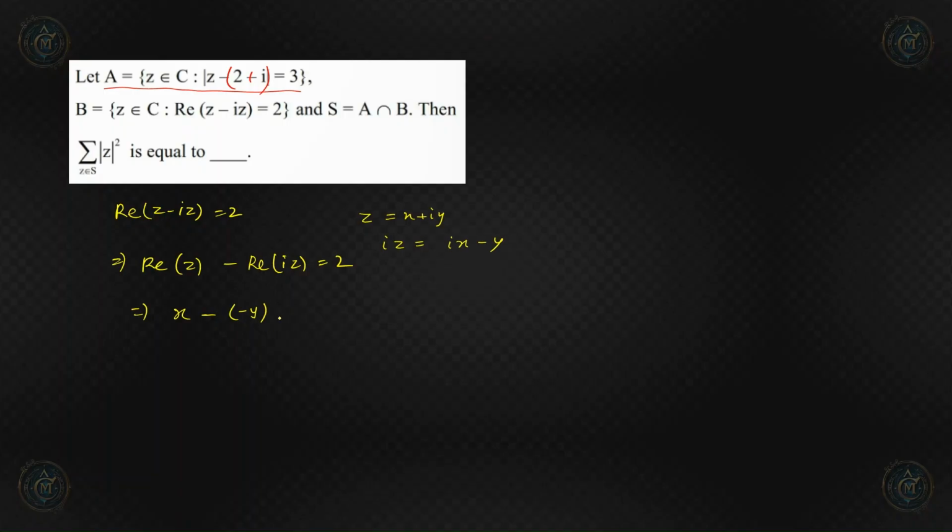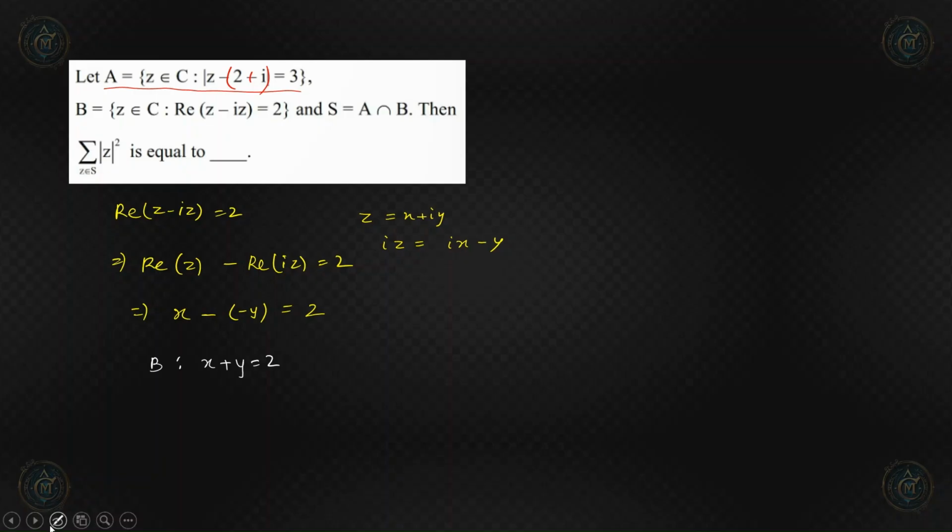So then it is equal to 2. That means this A set is the circle centered at (2, 1) with radius 3, and this B set is the straight line x plus y equal to 2.